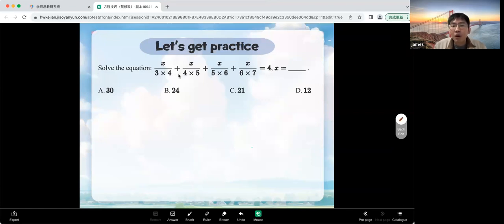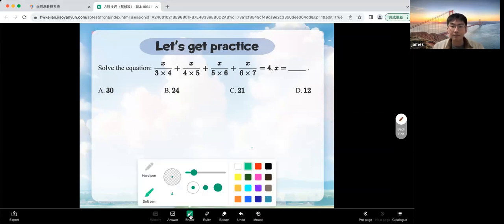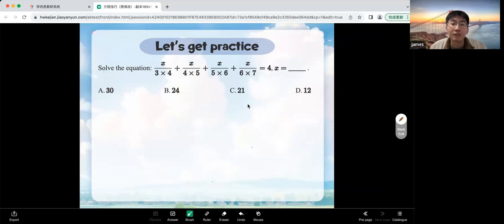But I found that for all of these 4 fractions, they all have the x as the same factor, as the common factor. So whenever we have a common factor, we can factor out the common factor by using the distributive law, right?